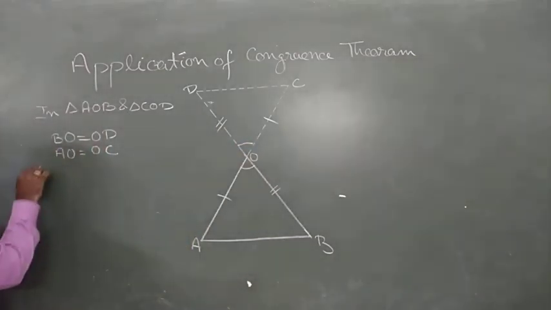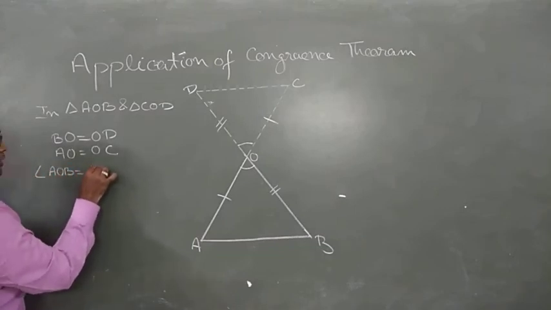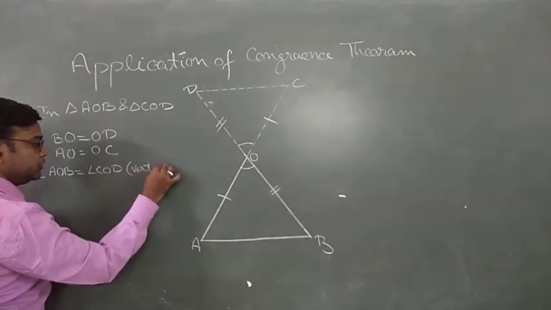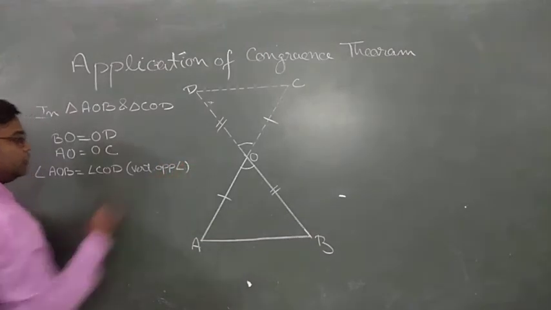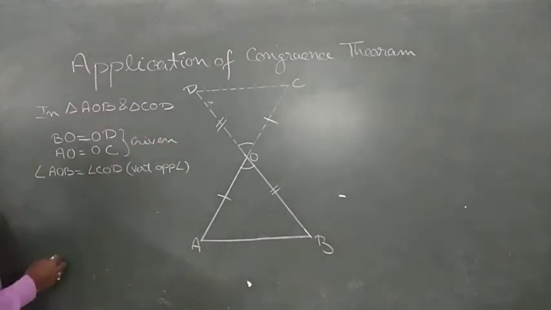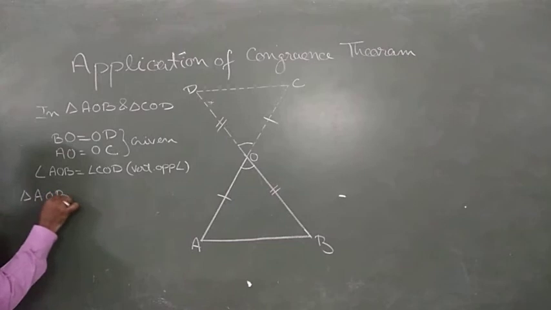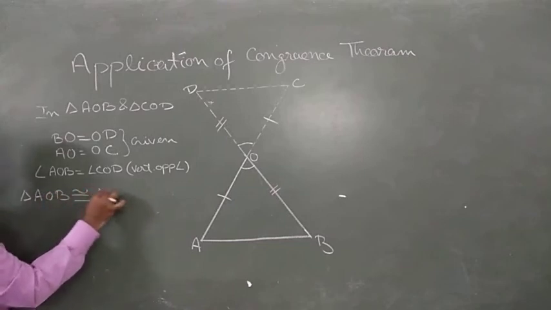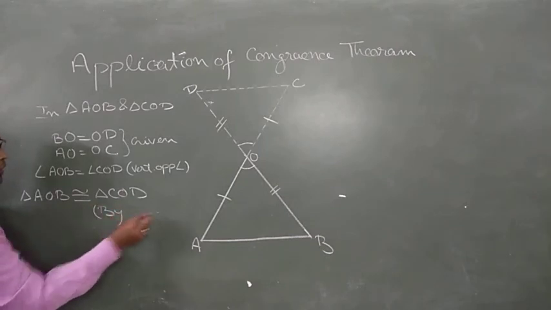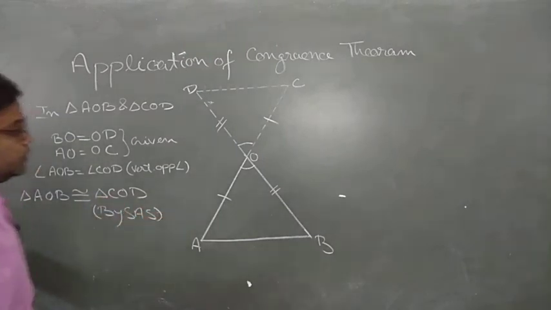Why? Angle AOB equals angle COD. Why? Because they are vertically opposite angles, and these two sides are given. Therefore, we can say triangle AOB is congruent to triangle COD. Which property are we using? By side angle side property.